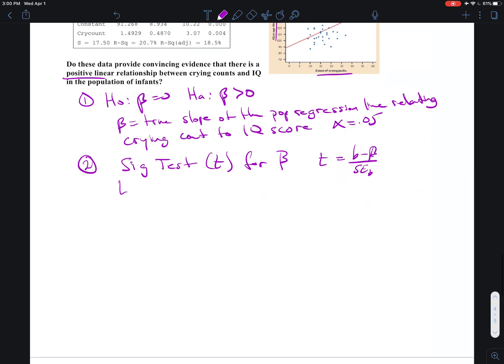And I like to write LINER to remind myself of the 5. The first one being linear. And the best we have is the scatter plot, which indicates, let's say, a moderately weak positive linear relationship between the variables.